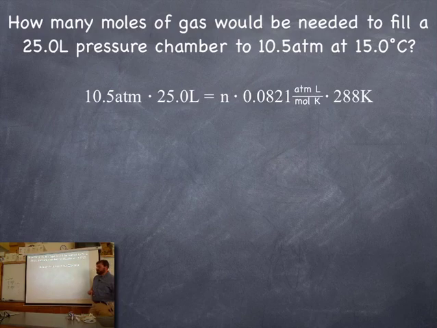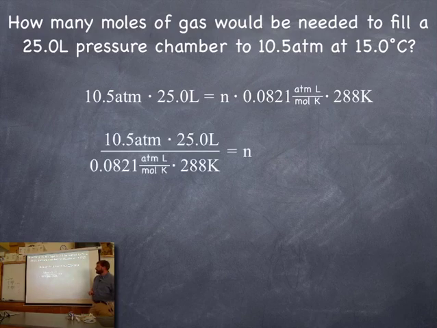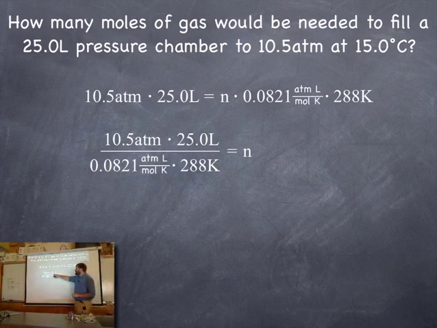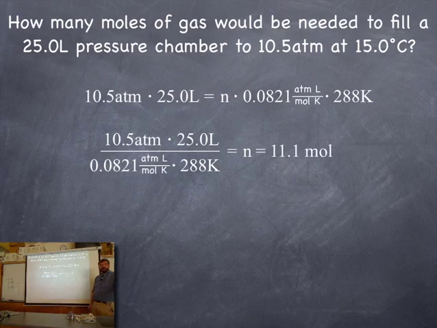We need to rearrange to solve for n. 10.5 times 25 divided by 0.0821 times 288. And we get 11.1. Yeah, that's fine. It's the same math.